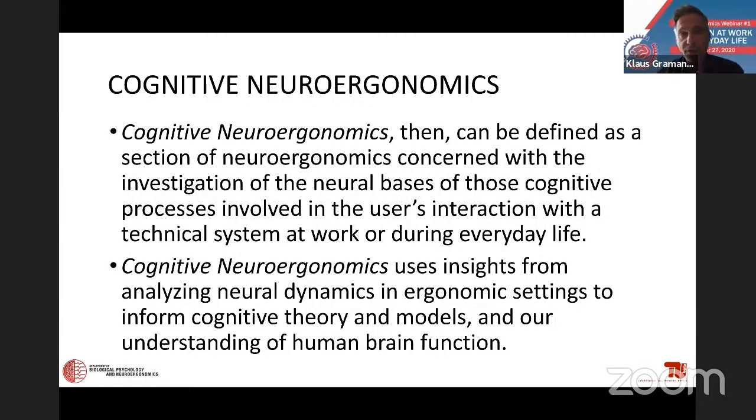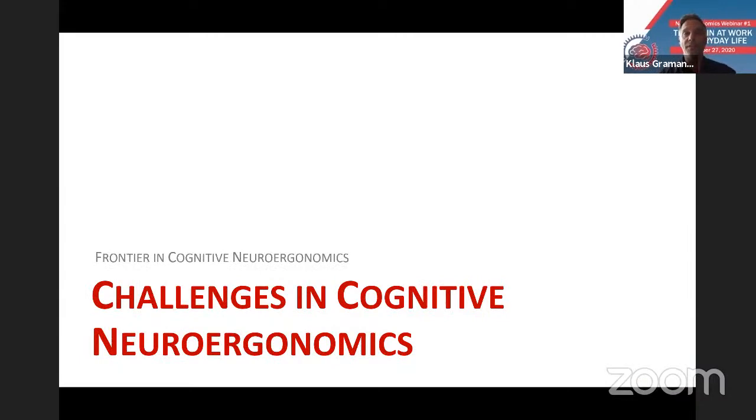And second, we also do the same with regards to a better understanding of human brain function. So this is a field that has several directions, and we inform different areas. I think this is important to know, that this goes in many directions, and not only that we're using these methods to drive cognitive neuroeconomics as a field.